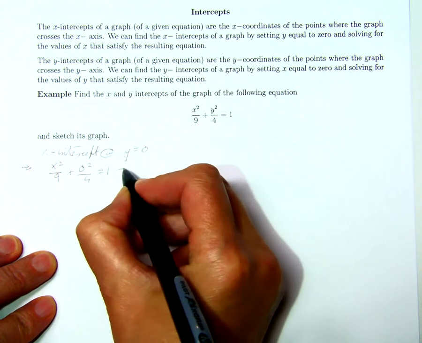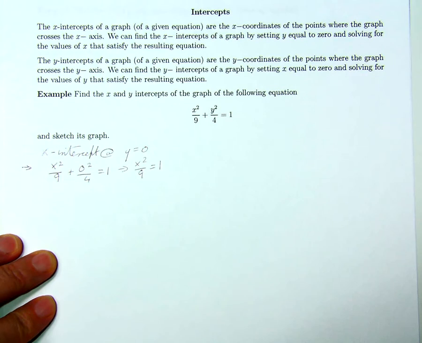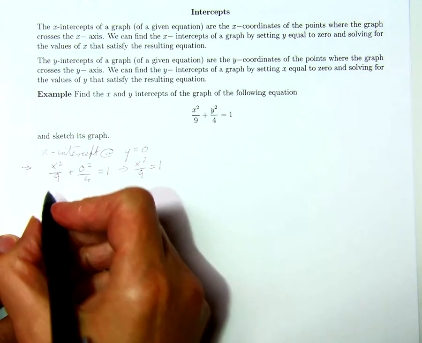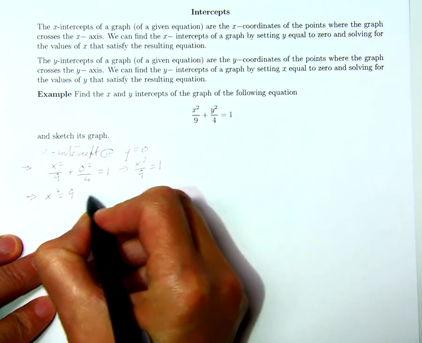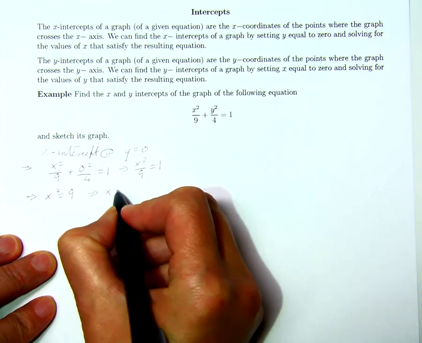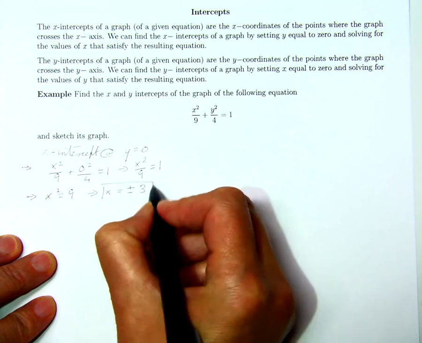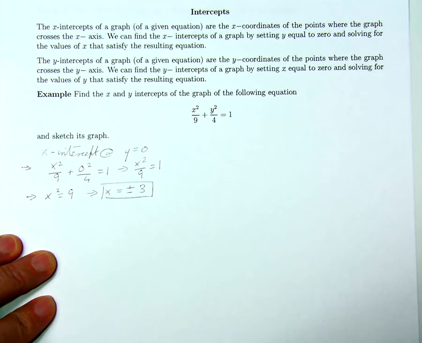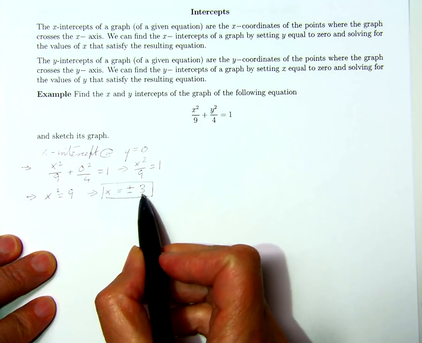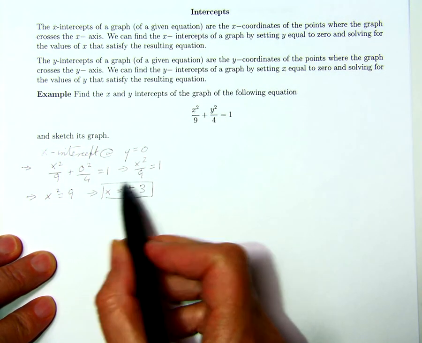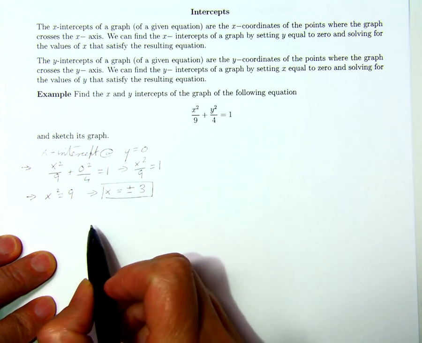And that tells me that x squared over 9 equals 1 at that point. And this tells me that x squared equals 9, and there are only two possibilities. x equals plus or minus the square root of 9, or plus or minus 3. And so at these points where x is 3 or minus 3, the graph of this equation crosses the x-axis.